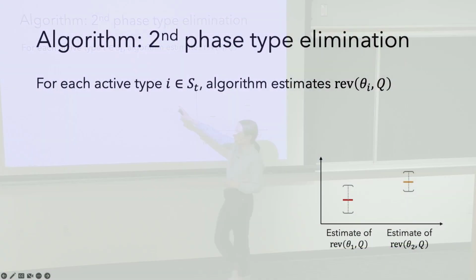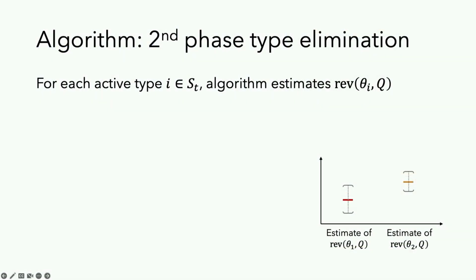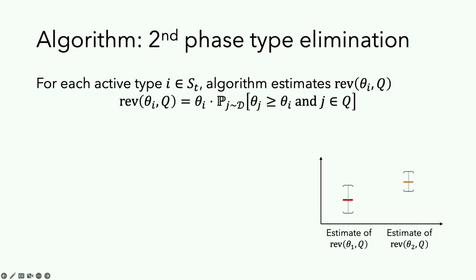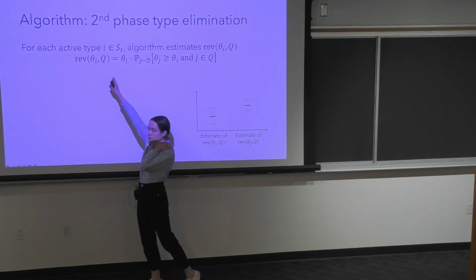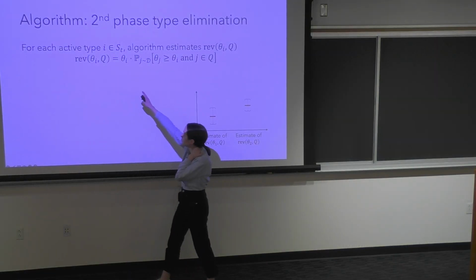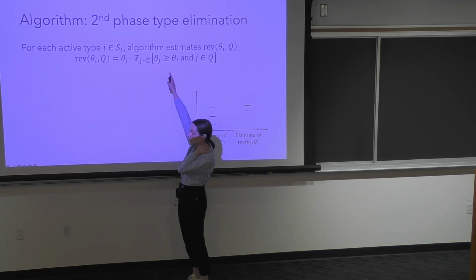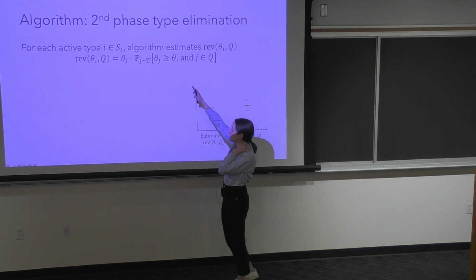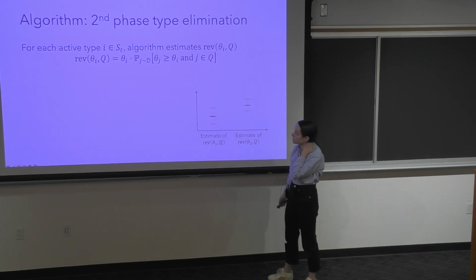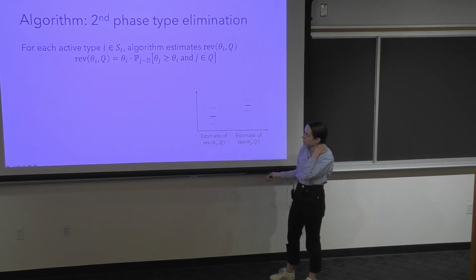Now for each active type I in the set ST, the algorithm is going to be estimating what it could have gotten from setting a price of theta I for this set Q. So it's maintaining these estimates of how good this price is with respect to the set Q. And remember, we're defining this notation rev theta IQ to be the price itself times the probability that an agent would have bought at that price, and that agent is an element of Q, the set of relatively frequent types.